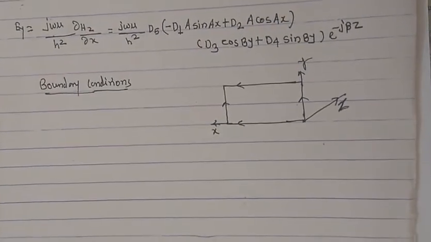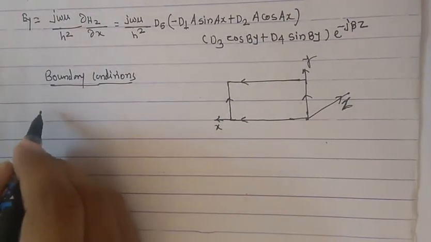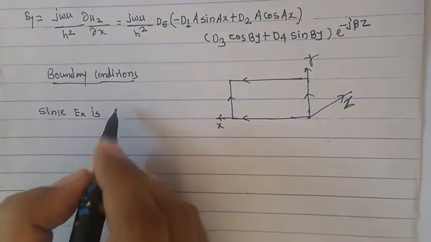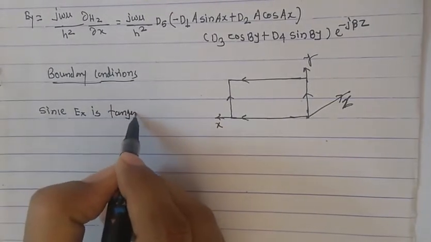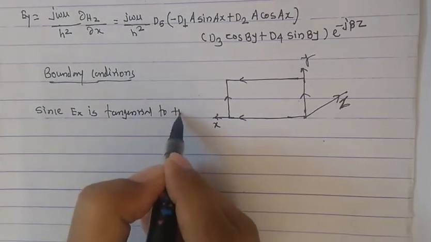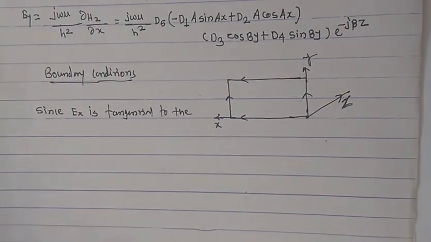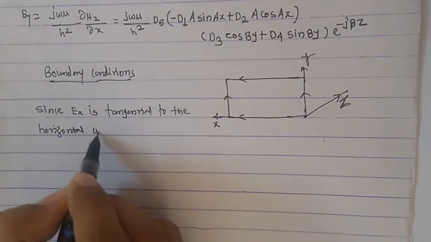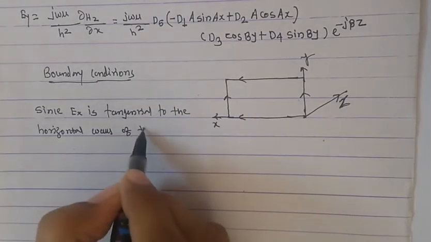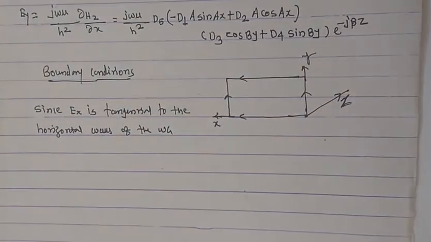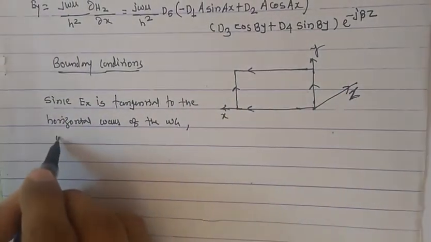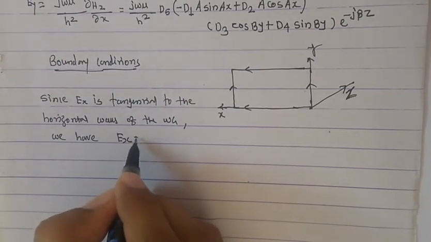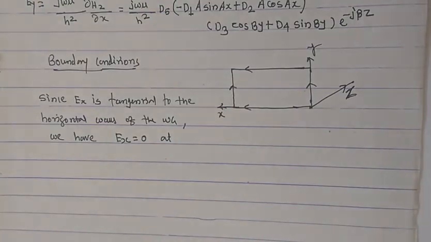So now we apply the boundary conditions. Since Ex is tangential to the horizontal walls of the waveguide, we have Ex equal to 0 at the horizontal walls.